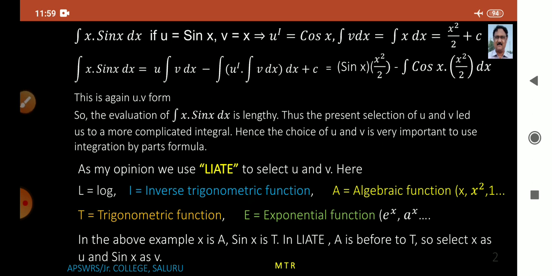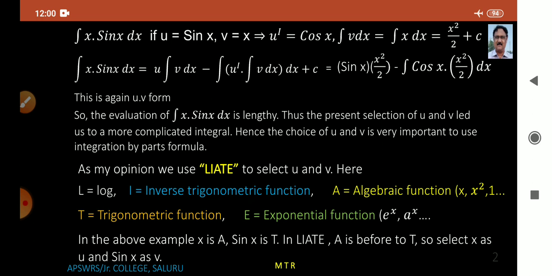In our above example, the problem is integral x sin x dx. Here x is an algebraic function, denoted by A. Sin x is a trigonometric function, denoted by T. In LIATE, A comes before T. So you put the algebraic function, that is x, as u.